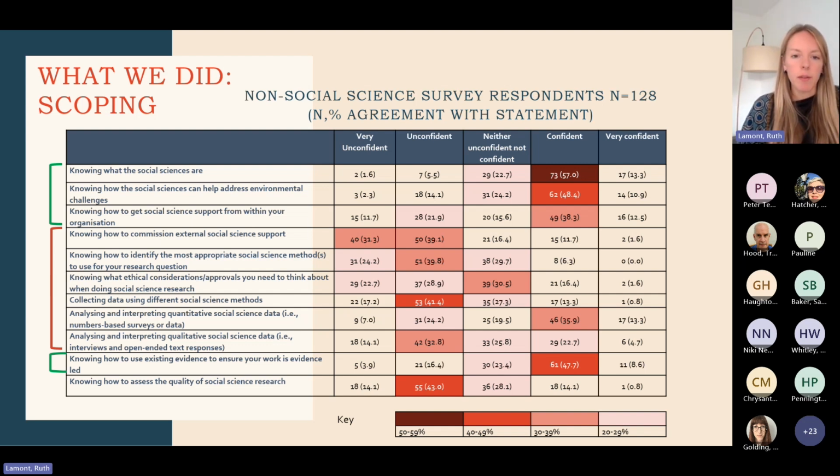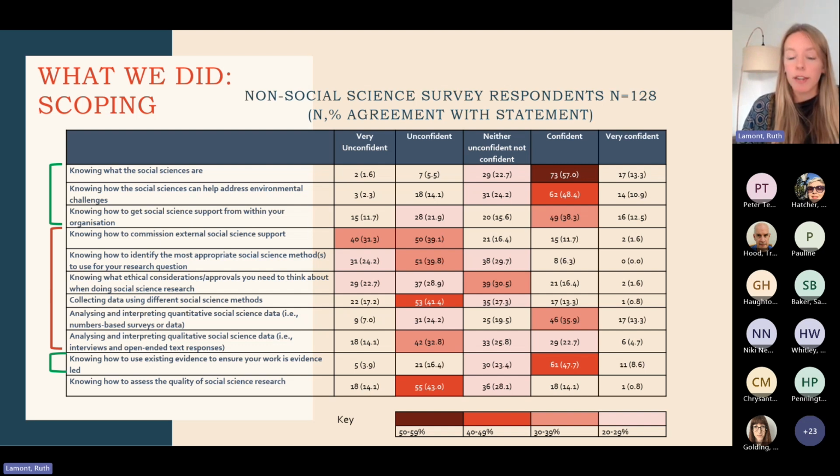And we asked them about their levels of confidence in a number of different social science activities. You can see the activities on the left-hand side, things like knowing what the social sciences are, all the way to analysing and interpreting quantitative social science data. Along the top, you've got the scale of very unconfident to very confident.